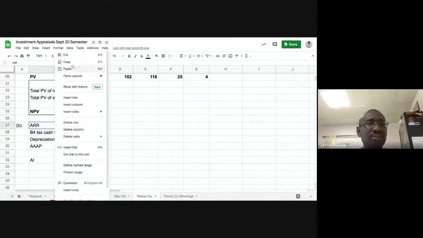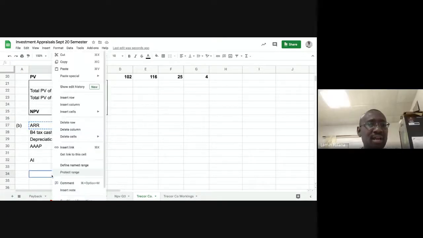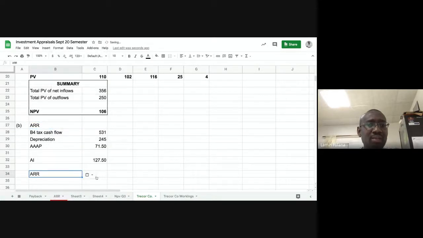So now what is our ARR? Our ARR will always be a percentage, so let's format this to percent. So we say equals, what will be our ARR? Our AAAP divided by our AI.